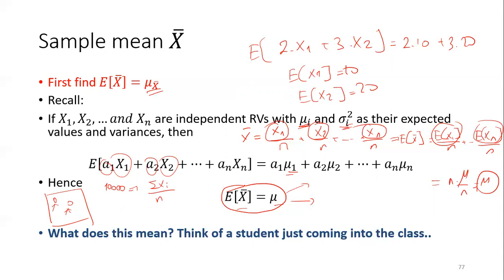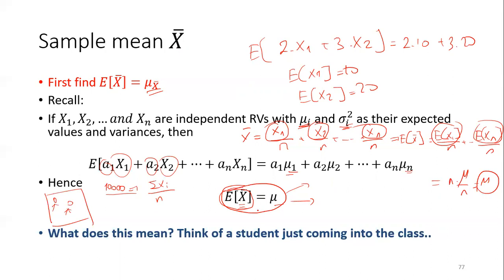So how can you find the expected value of X bar? Just try to think about something like this. Assume we are trying to find the expected value of an x bar, so I have to give an n.